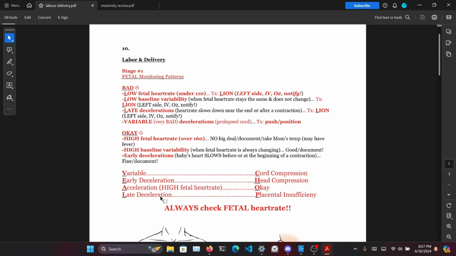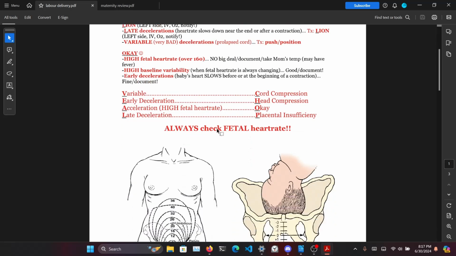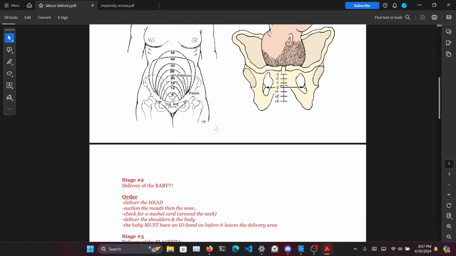Then if it's late deceleration, it's happening because of the placental insufficiency, and it is concerning. So you have to stop the oxytocin, change the position of the mother, give oxygen, IV fluids, and notify the doctor. So these are the things you will do in stage 1.